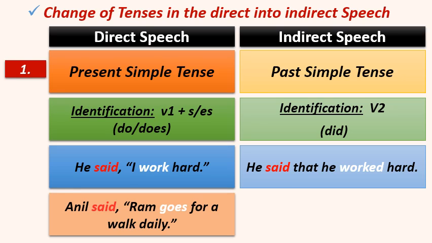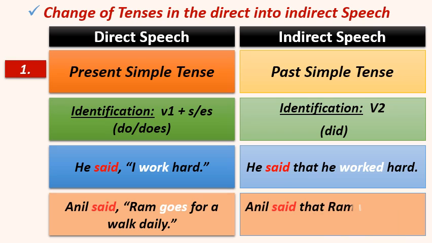Goes. So the verb in the reported speech is also changed into past tense. Fine. So how will you convert it into indirect speech? Anil said that Ram went, go, went, second form of the verb, went for a walk daily, full stop.